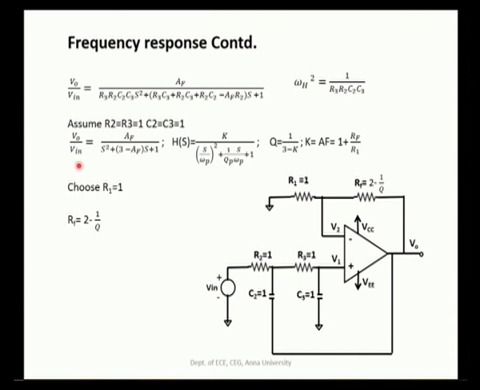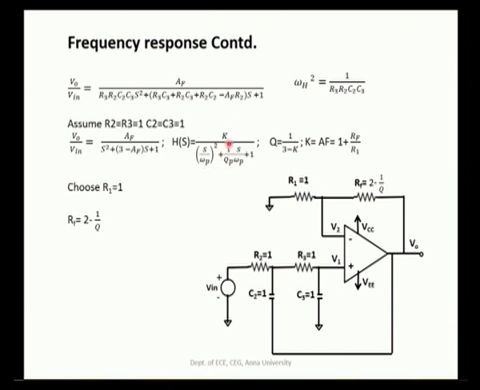When we write this in a form here, assuming R2 equals R3 equals 1 and C2 equals C3 equals 1, that is with normalized values, what we have here is S squared plus (3 minus AF) into S plus 1. So the general form here, in place of 1, has a constant gain K divided by the denominator polynomial.